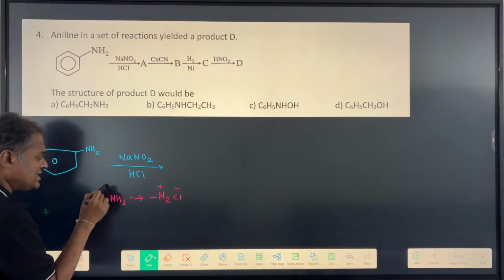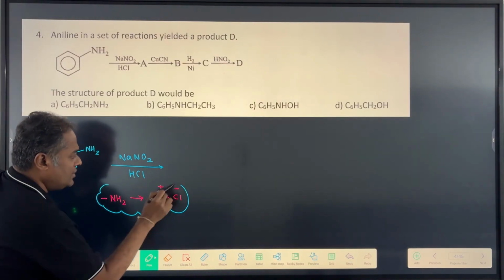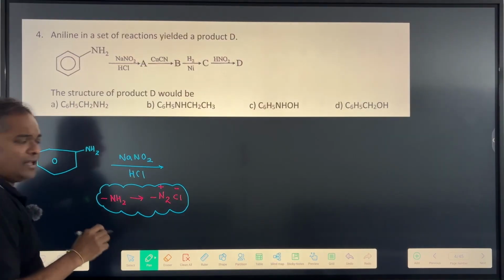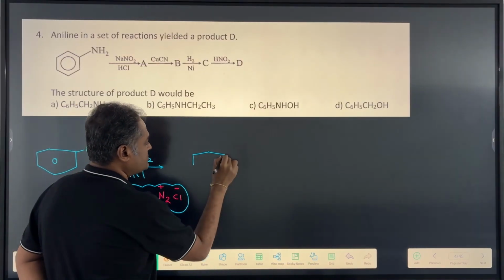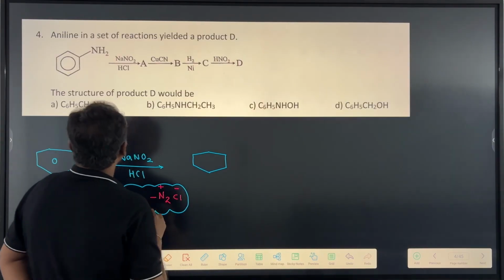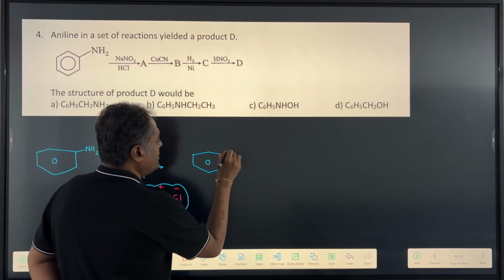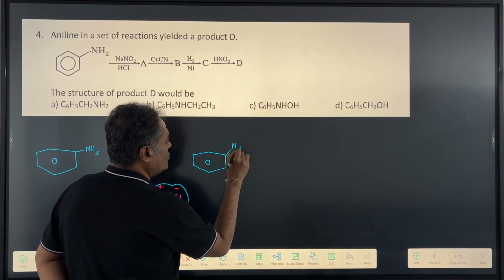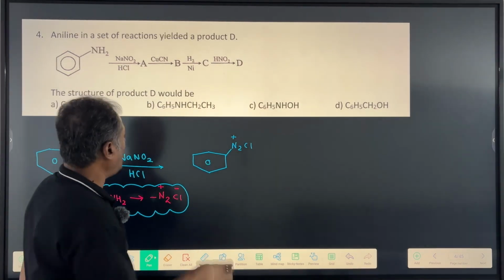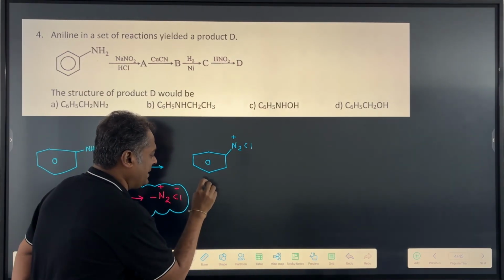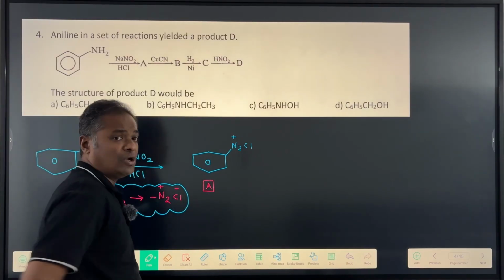This is what is happening during this reaction. So can I tell the product A will be a benzene unit containing N2+ and Cl-. So our compound A is benzene diazonium chloride.